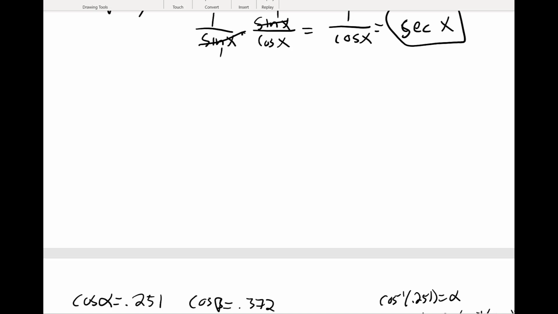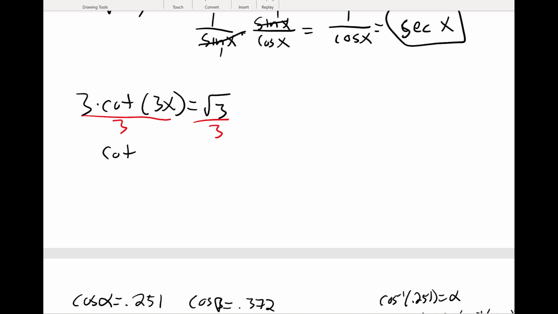So I have 3 times cotangent of 3x equals the square root of 3. So the first thing I do is get this cotangent by itself. So I divide both sides by 3. I have cotangent of 3x equals square root of 3 over 3.